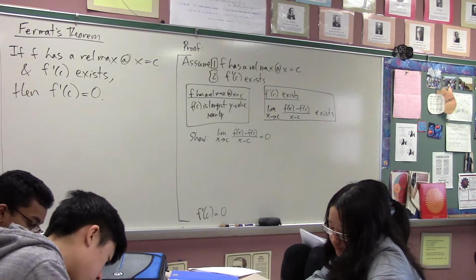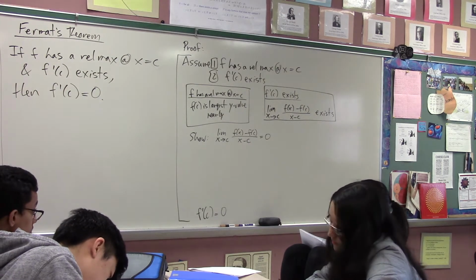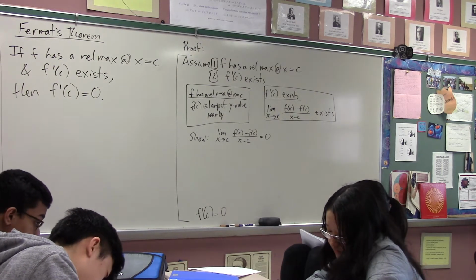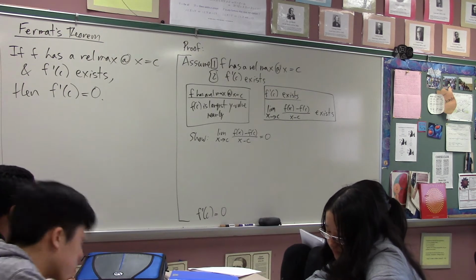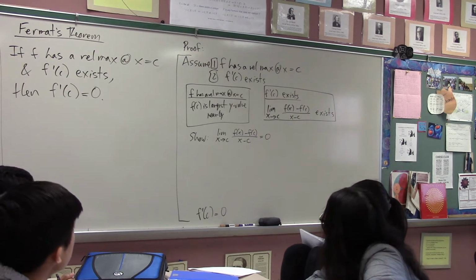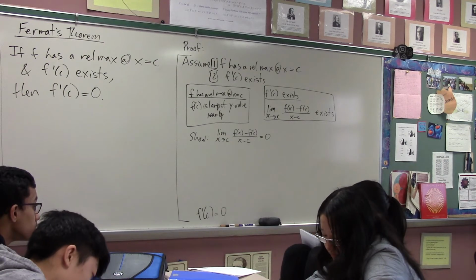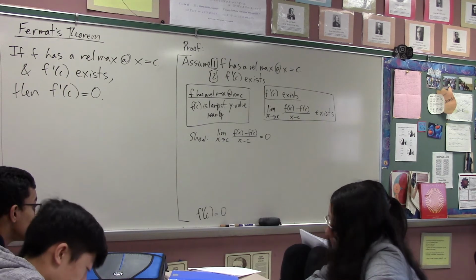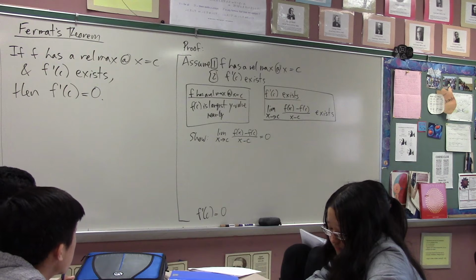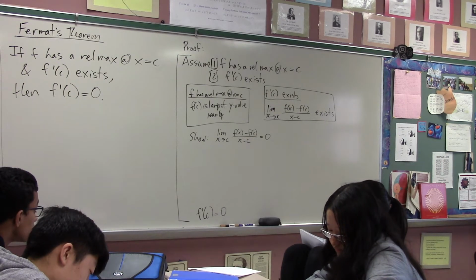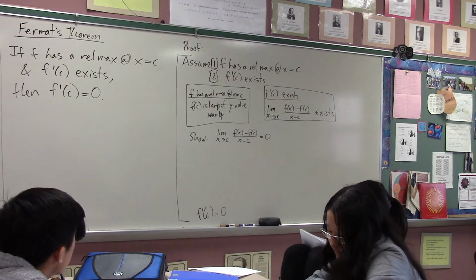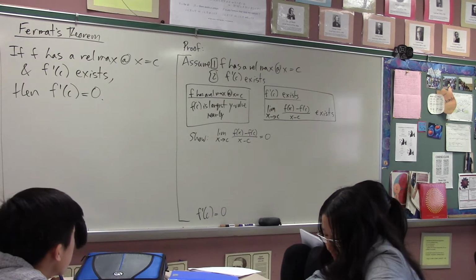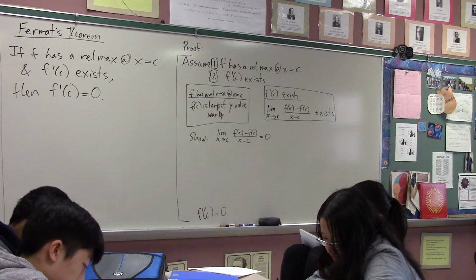Alright, why should this limit be 0? Just look at the numerator and denominator and see if you notice anything. F of c is always bigger than or equal to f of x.